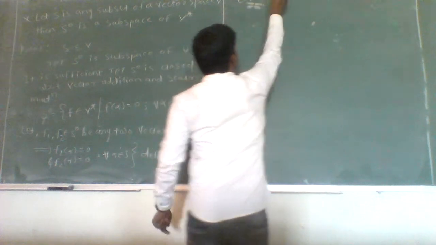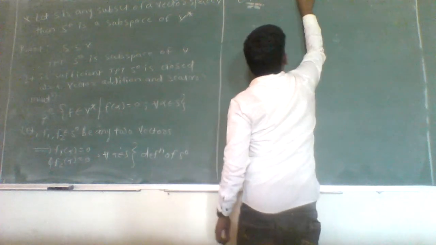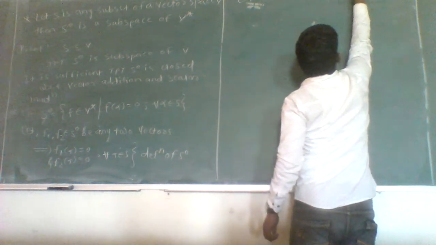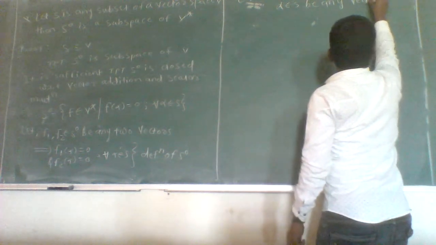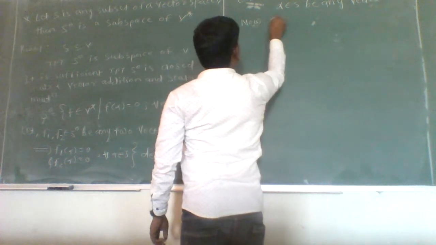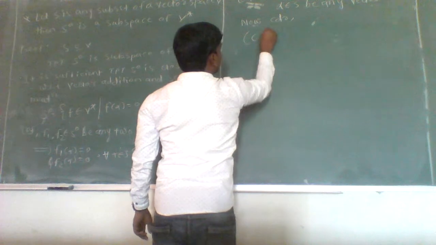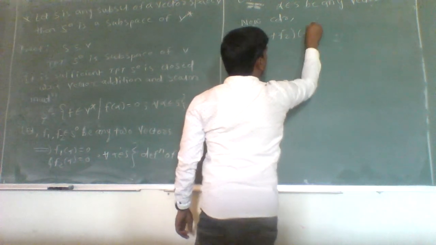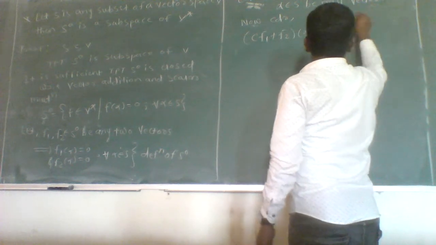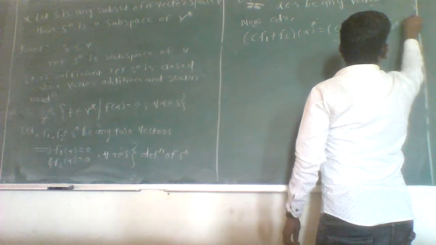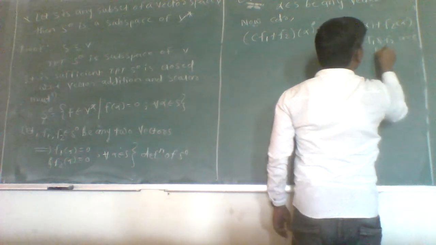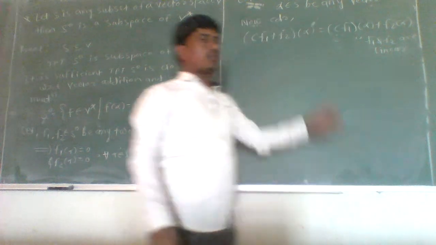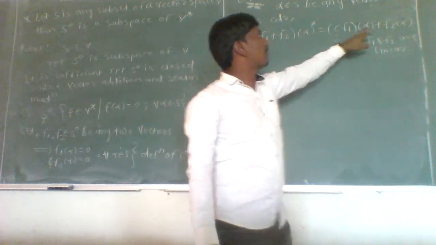Now first, let c belonging to F be any scalar and alpha belonging to set S be any vector, since S is a subset of V. Okay, now consider c f1 plus f2 of alpha, which is equal to c f1 of alpha plus f2 of alpha, since we know that f1 and f2 are linear functionals.